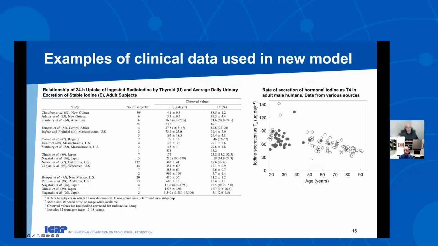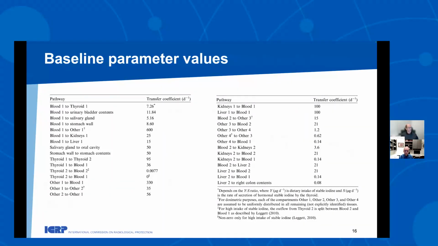Also important data is the rate of secretion of hormonal iodine in different individuals. These are the kinetics of the new model, the exchange rates. Have a look at specific values. This value depends on the ratio of iodine intake, dietary intake, and iodine secretion, and this parameter can be modified.